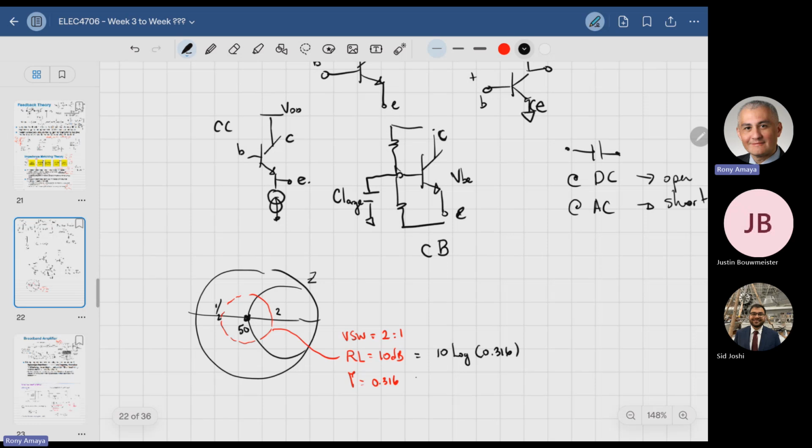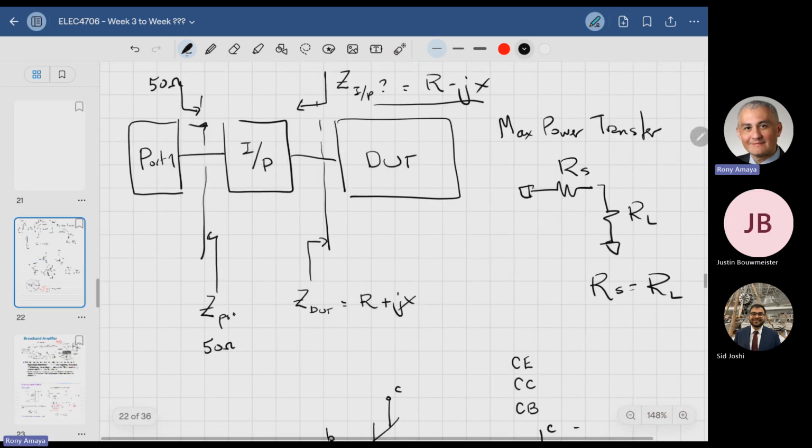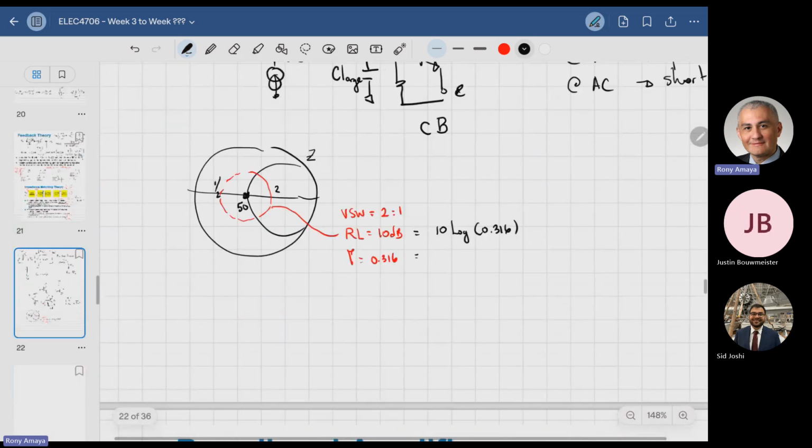And the 0.316 is basically the reflection coefficient, which is 0.316 of the normalized diameter of the Smith chart, where the actual diameter of that circle is equal to 1. What section of this represents 10 dB? That's what it all comes down to. So we always give you a performance indicator that does that, right? And where did I leave Fano's limitation? Oh, maybe we'll talk about it in a second.